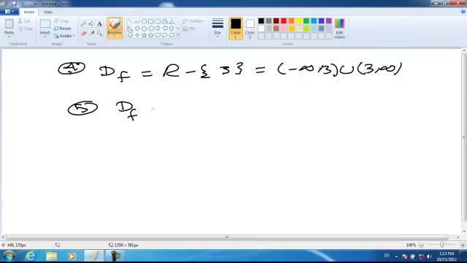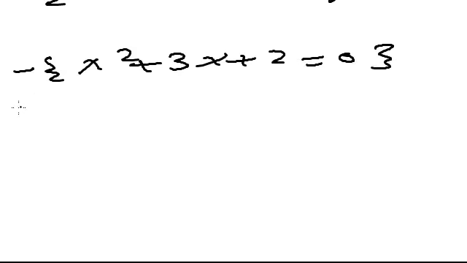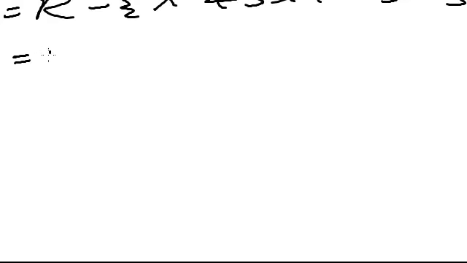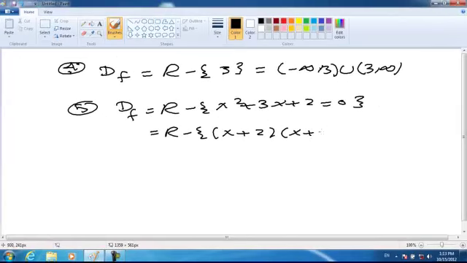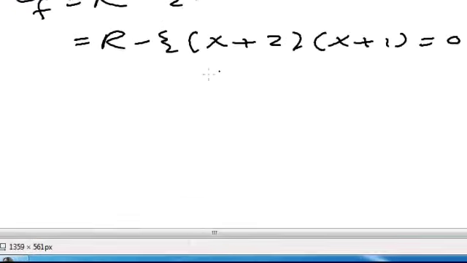Number 5, domain of f is R minus the solutions of x square minus 3x minus 2 equals 0. Factorization: x square plus 3x plus 2 equals 0 gives x plus 2 multiply x plus 1 equals 0.